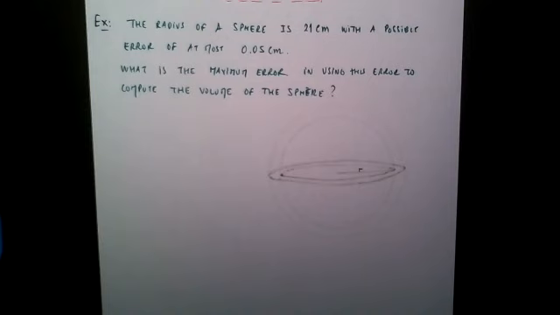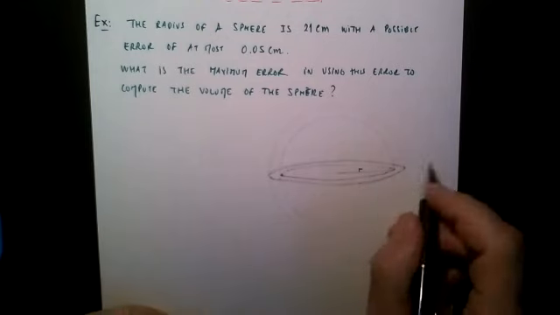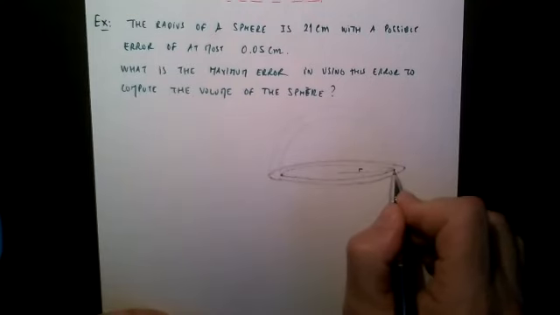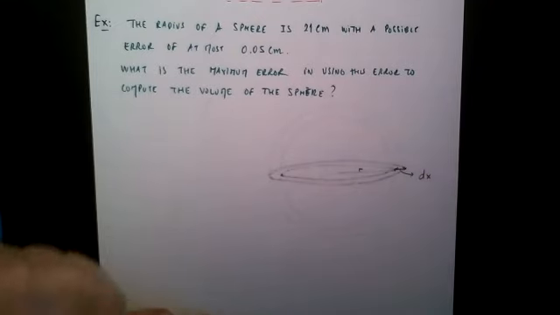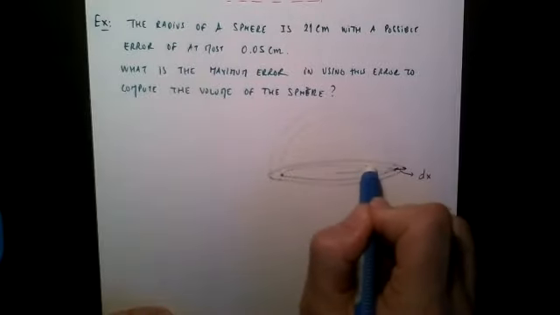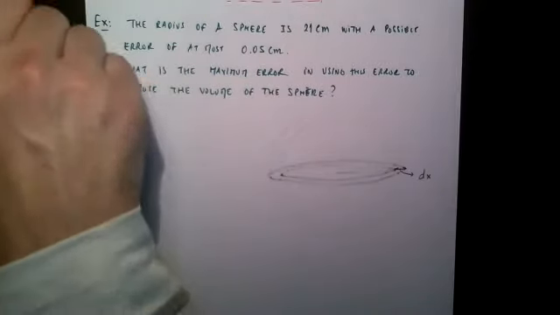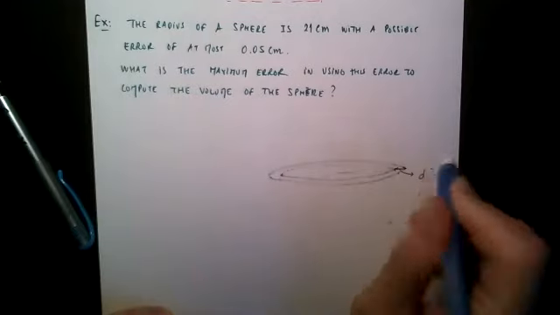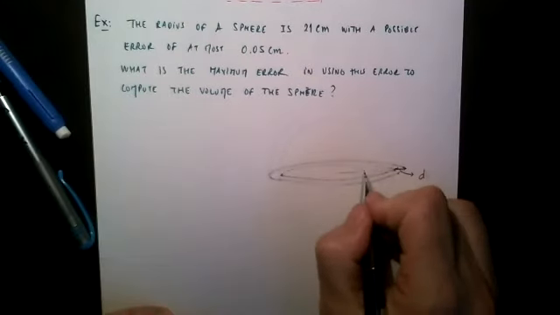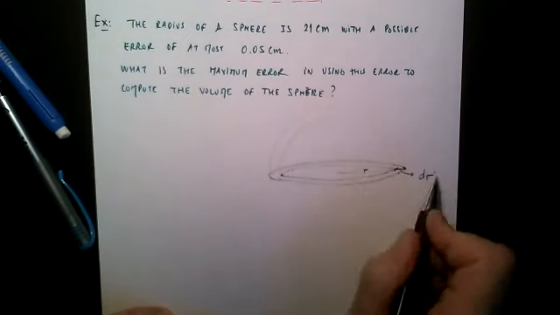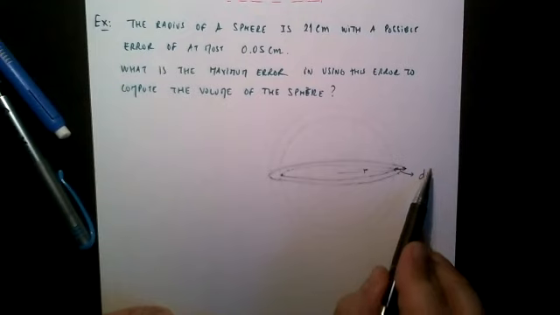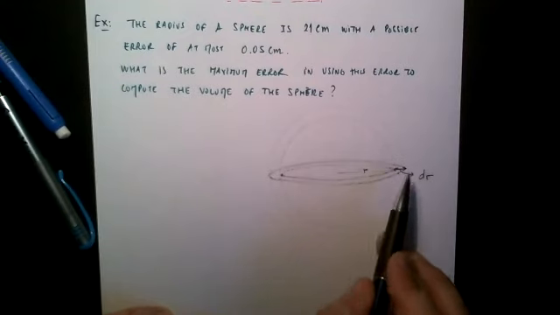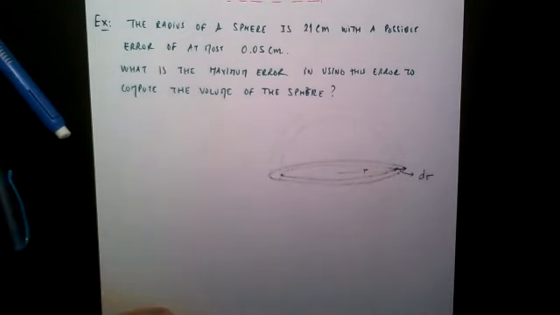So I have one sphere, and there is an error here in the radius. They're telling you there's an error here of, I'm going to call it r, and I'm going to call this dr. Radius r and dr, which is the error, the small increase in radius. So I want to know a small increase in radius will give me an increase of how much in the volume. Basically, that's the question they're asking.